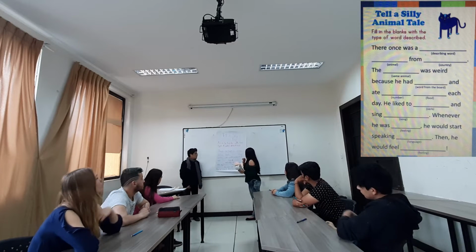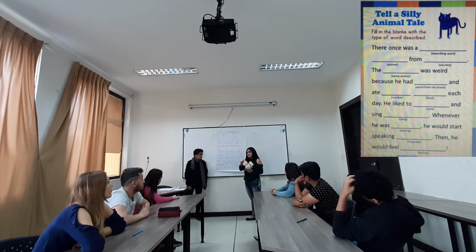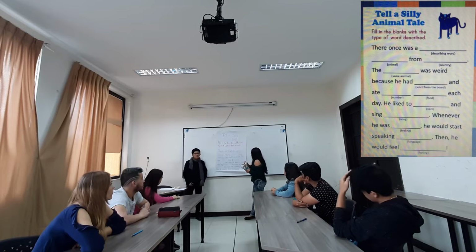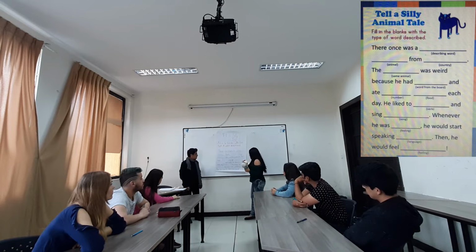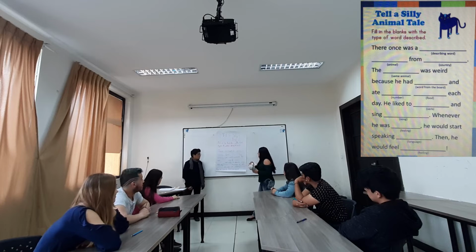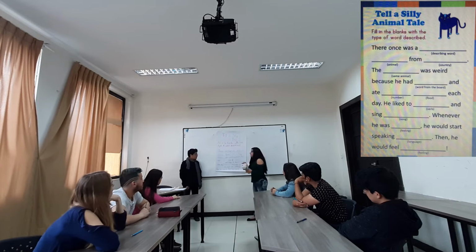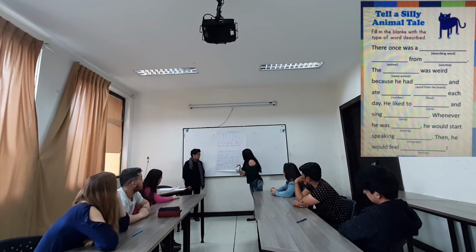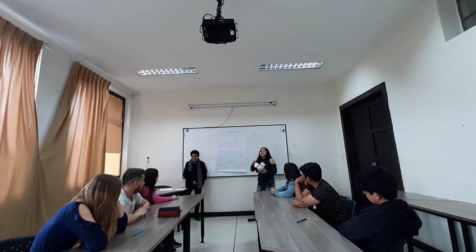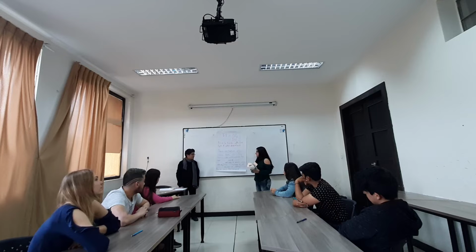The donkey was weird because he had wings and ate 3 apples each day. He liked to jump and sing Thriller. Whenever he was bored, he would start speaking Russian. Then he would feel relaxed. Now we're going to have an activity similar to this one that my friend is going to explain.